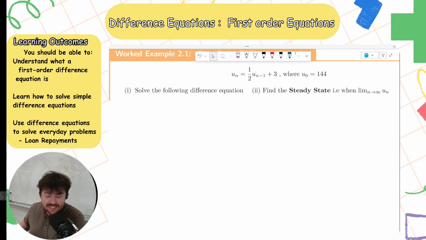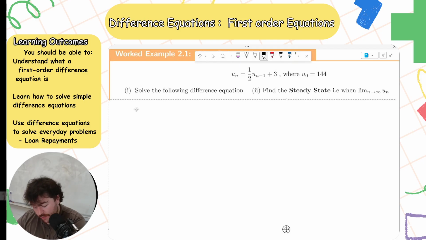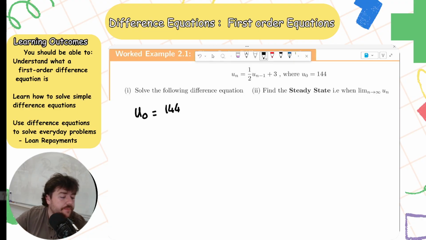So like I said, we need to write out the first few terms. So I have u0 equal to 144. That's fine, that's easy. What about u1? How do I get u1? How do we get the next term?